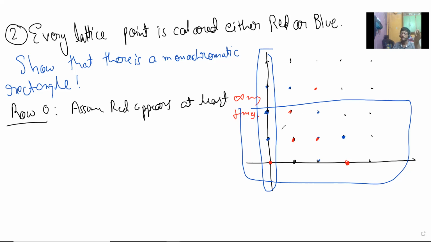That's actually better, that's not a problem. That's even better. So what I was saying is that this is the first row that agrees. But then the problem is, why should there be another column in which you have two blues in the same place?